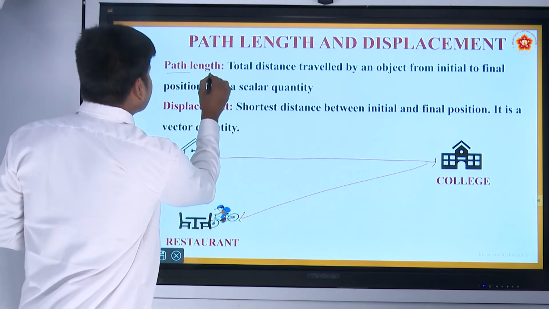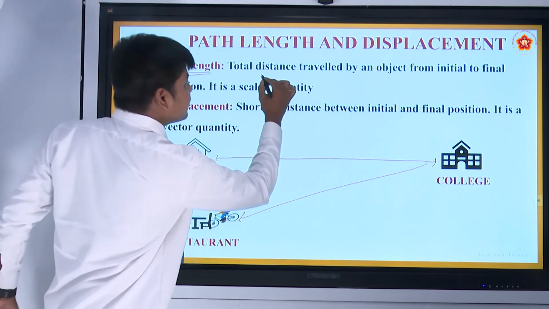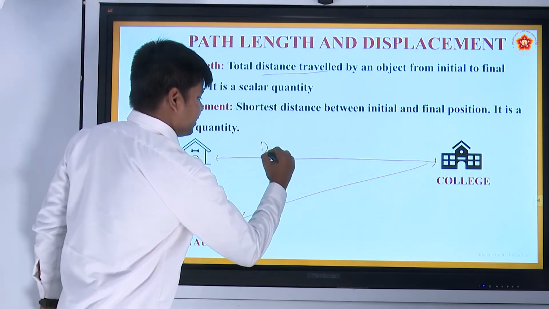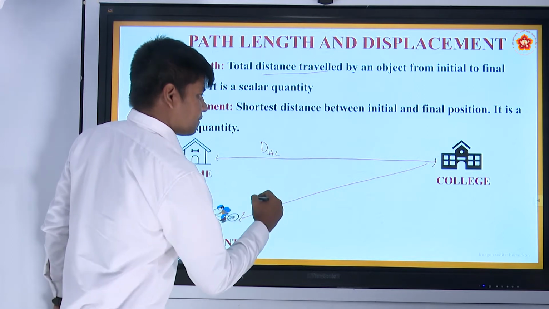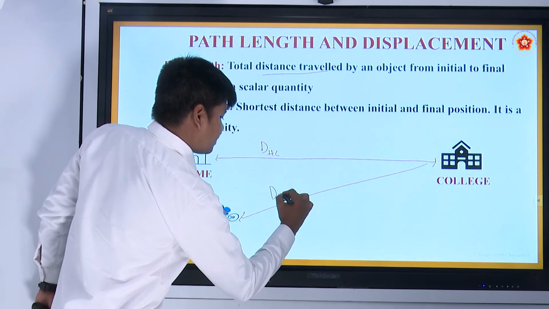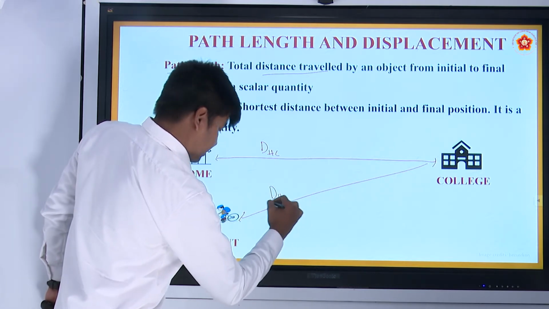What is the path length? Path length is the total distance traveled. So distance, let it be d_hc, between house and college. Let d_cr be the distance between college and restaurant.